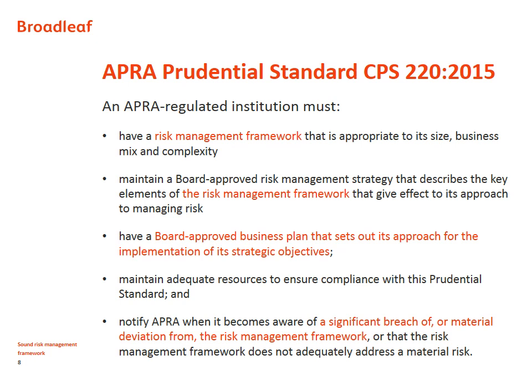In fact, it makes the point that the board should have a business plan which deals with the organisation's strategic objectives, which must include the management of risk. Notably, the requirement is also that APRA has to be notified by the board if there is a significant breach or material deviation from the risk management framework in the organisation.